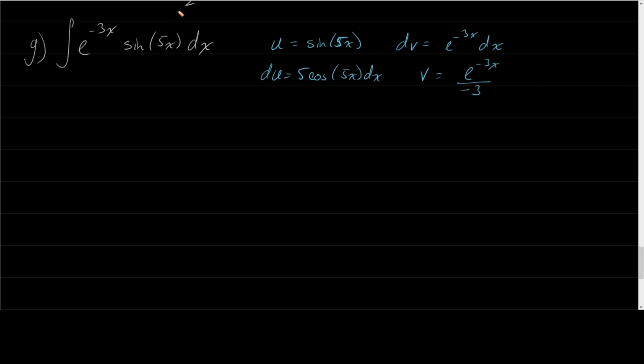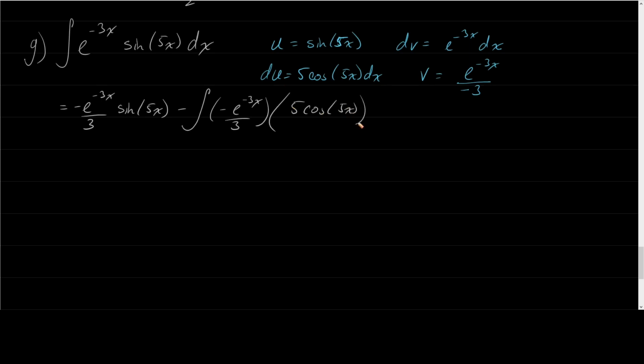At that point, we can apply the integration by parts. So uv, so I'm going to write that as negative e to the negative 3x over 3 times sine of 5x. So uv minus the integral of v, negative e to the negative 3x over 3 times du, 5 cosine of 5x dx.